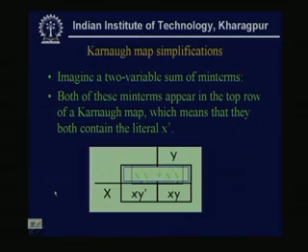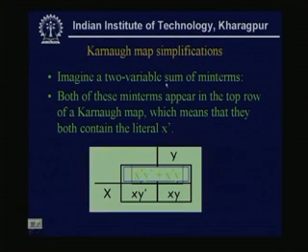Now, how do we simplify? With this simple example, we see how we can simplify. Taking a two variable function, the 4 min terms are x dash y dash, x dash y, x y dash and x y.